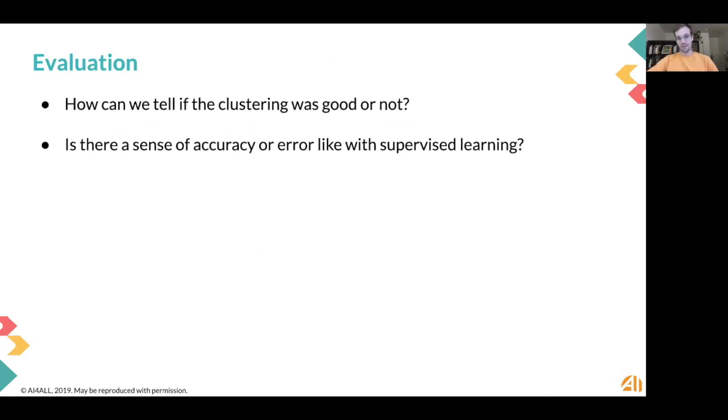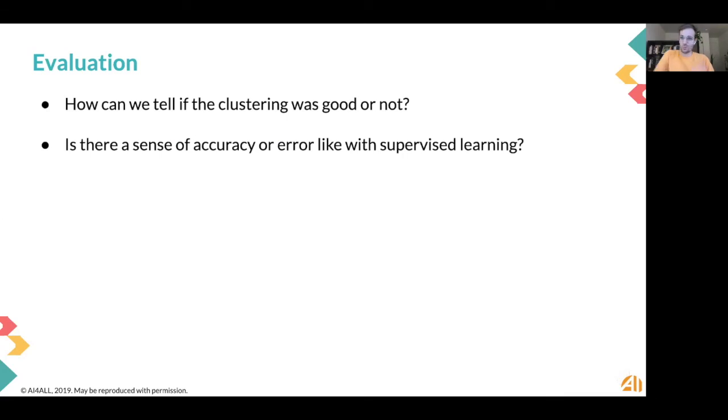Now, how can we tell if this clustering is good? We've run this algorithm, it converged, it gave us an answer. And it would be nice if we could have some sort of accuracy metric. When we were doing classification, there's this very nice idea of a test set where we could just look at error on the test set and say that if we achieve higher accuracy on these held out examples, we've learned something better.